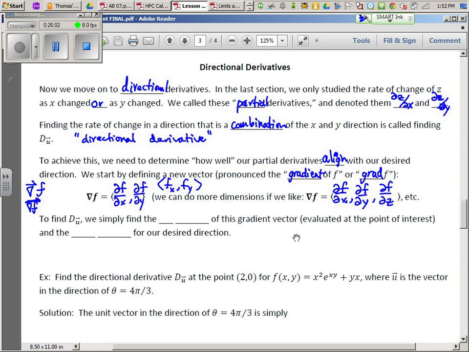Okay, so how do you find du, the directional derivative? Well, you're going to find the dot product. Here's the rule of the day. You're going to find the dot product of this gradient vector, evaluated, of course, at some point of interest, and the unit vector for your desired direction.